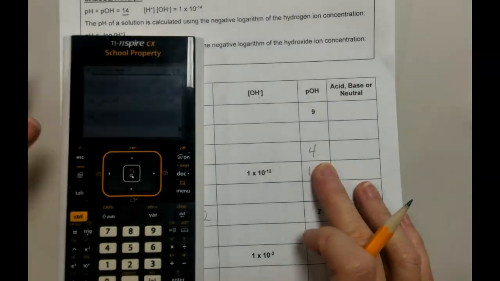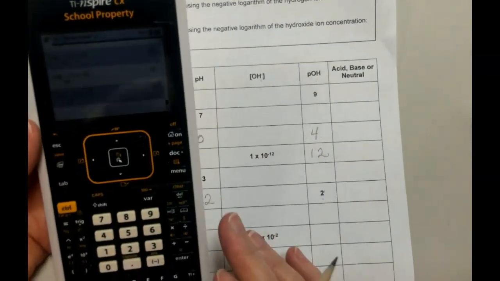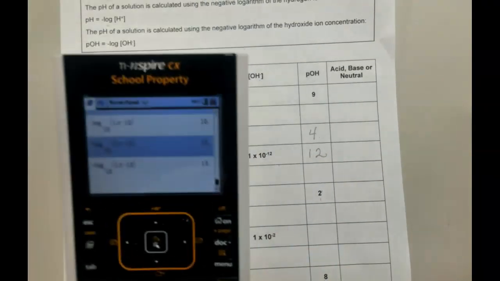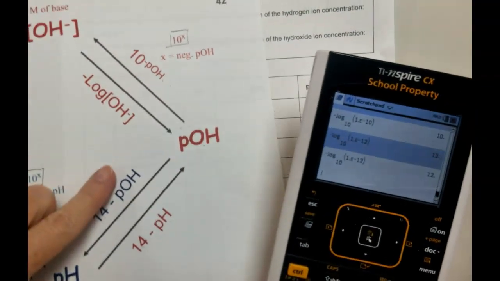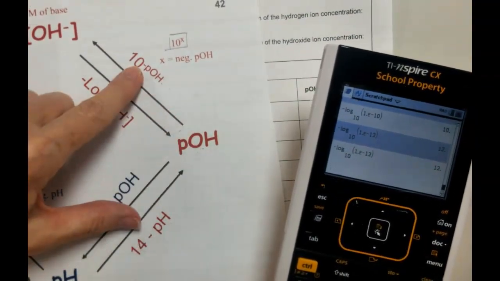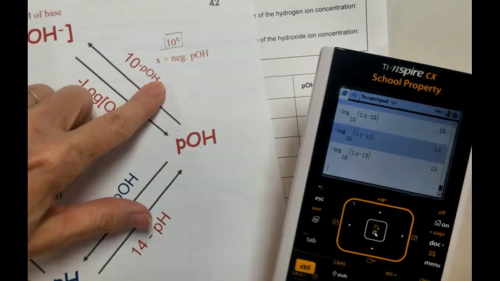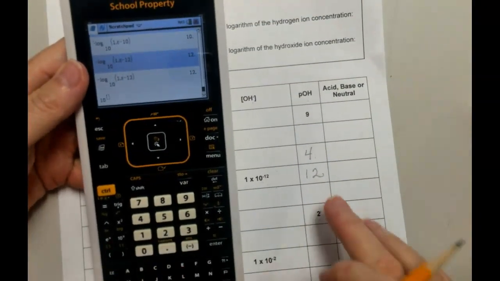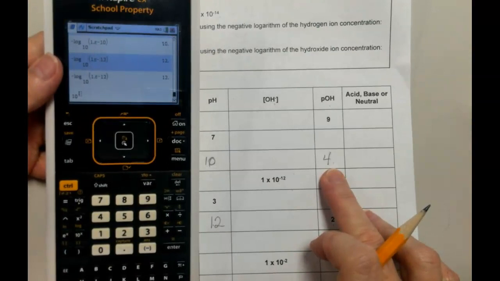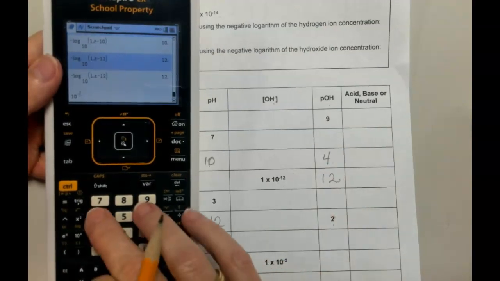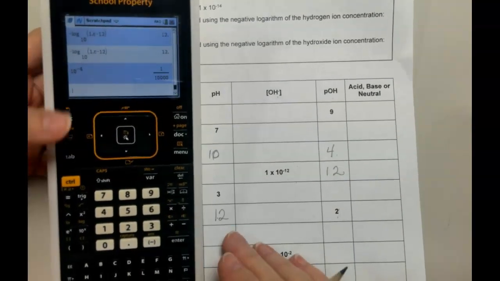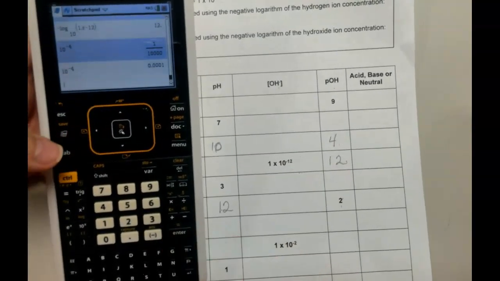I know the pOH, but I want the OH, so I'm going to do the antilog. What's it telling me to do? It's telling me I'm going to take the pOH, and I go 10 to the negative pOH. What's my X? 10 to the X is negative pOH. So 10 to the X, negative 4. That's what we're going to put in there, negative 4. Don't forget the negative or it comes out wrong. Hit enter. Oh, we don't like that. We don't want fractions, so hit control enter.